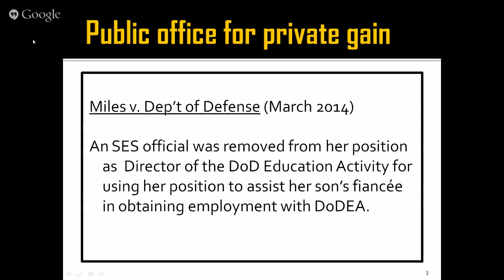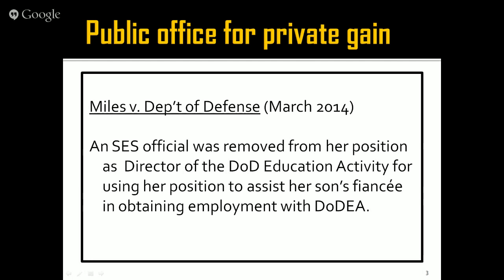And what the administrative judge said was that the agency was required to establish that the appellant had misused her government position and that misuse actually resulted in a private gain. And they were able to establish that she had, in effect, tried to use her influence as director to influence the outcome. And it turned out that her son's fiance actually was awarded the position, was hired for the position.